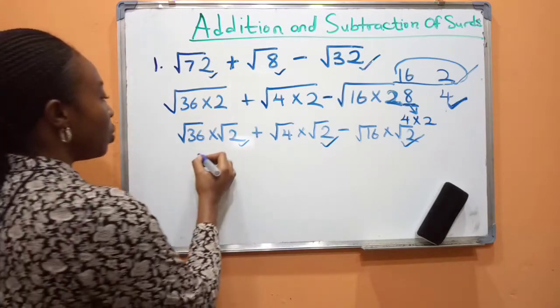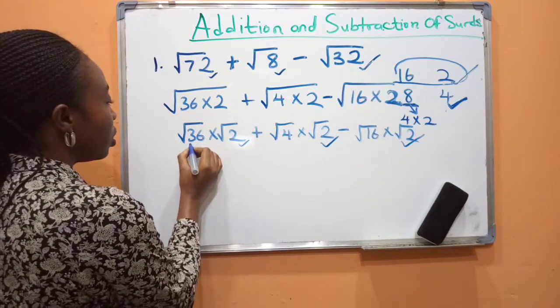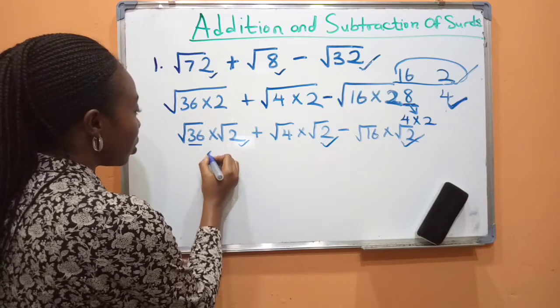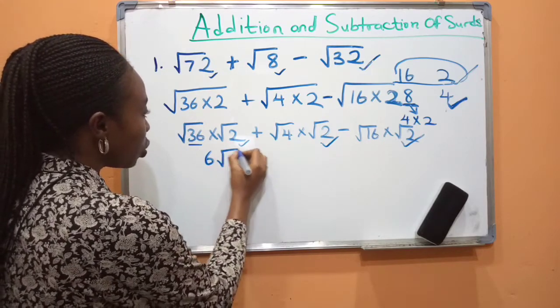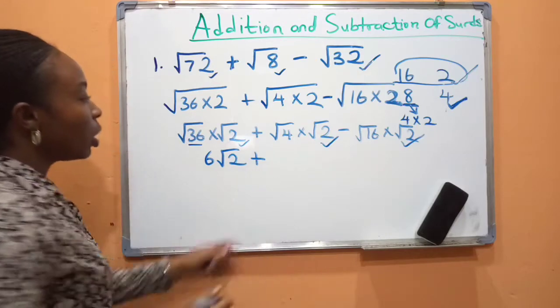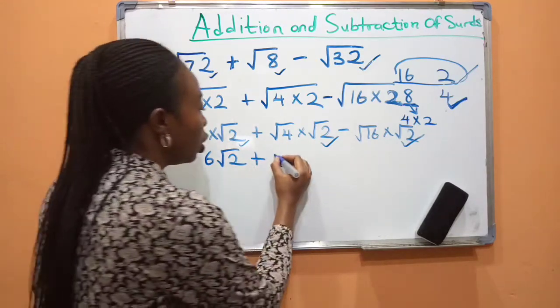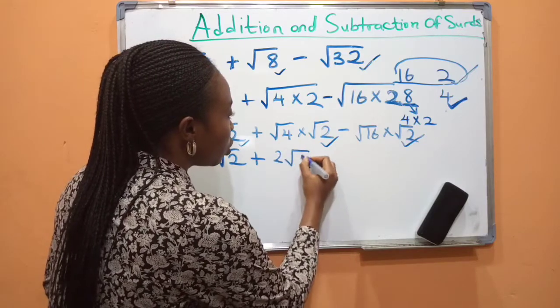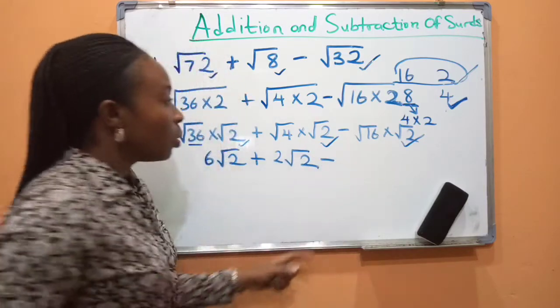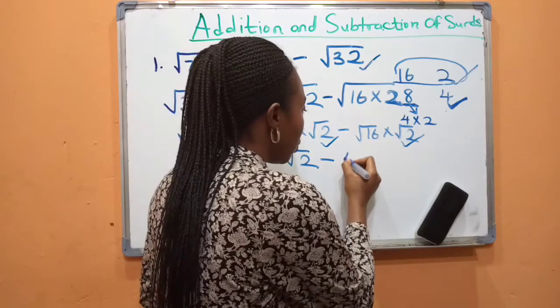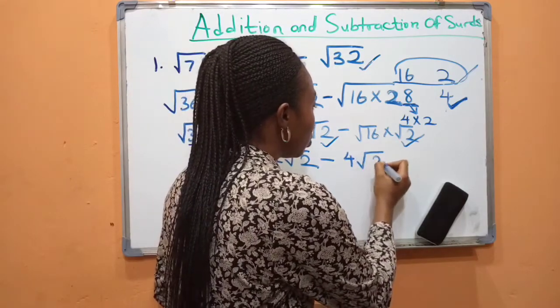So the next thing, what is the square root of 36? It gives us 6. So we have 6 root 2 plus, what is the square root of 4? The square root of 4 gives us 2. So we have 2 root 2 minus, what's the square root of 16? That's 4. So we have 4 root 2.